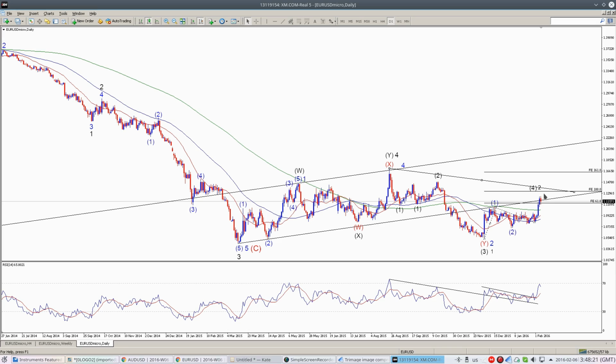And then from here we will have a correction to the downside, or an impulse to the downside. In case we have an impulse to the downside, then the probabilities are that this ending diagonal scenario is the correct one. So this is the one scenario.